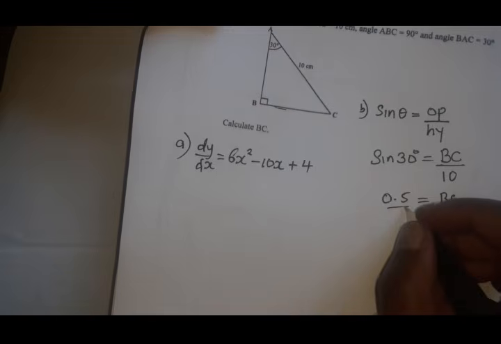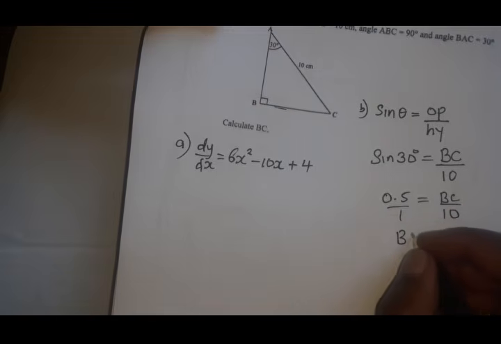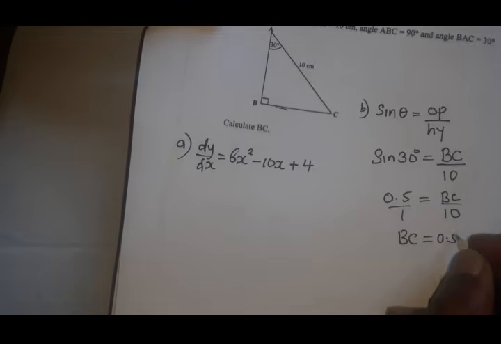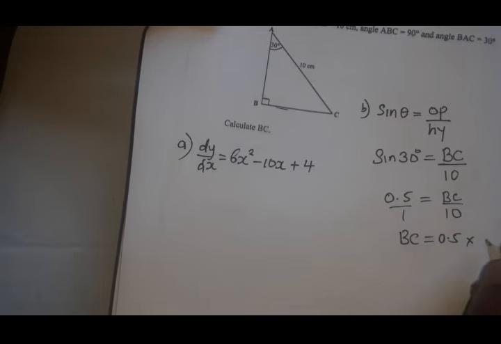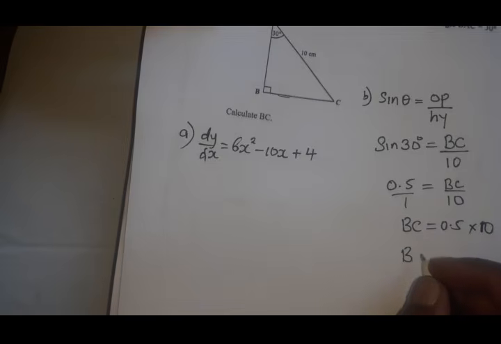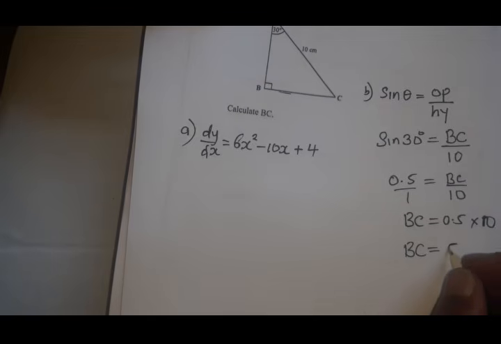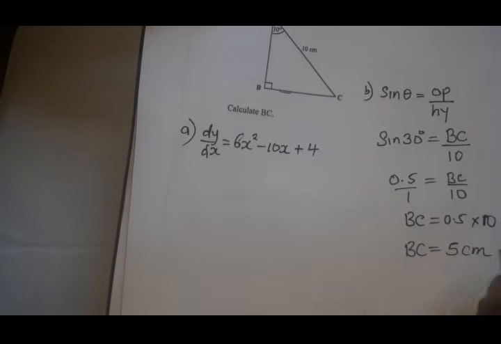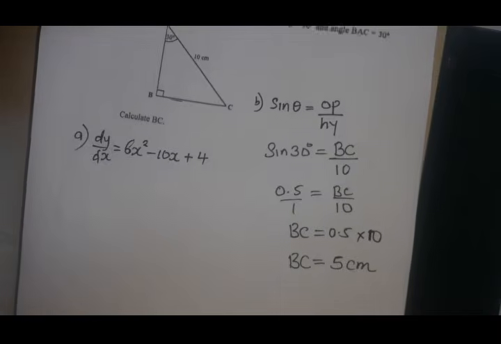So to find BC, we need to cross multiply. So BC is equal to 0.5 multiplied by 10. So BC will be equal to 5 centimeters. Okay?